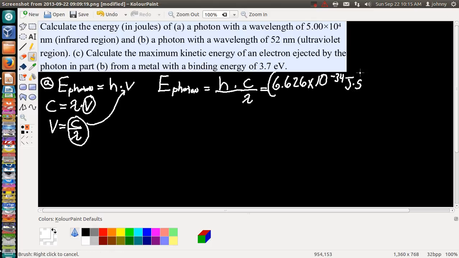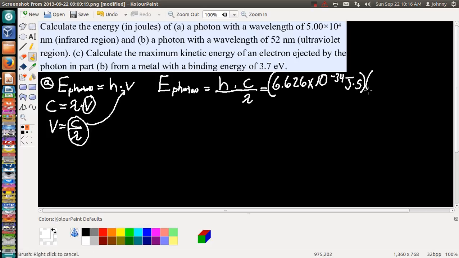Now in some books they have this as 6.63 times 10 to the negative 34 joules times a second, and that's okay. I'm not going to argue with that, but I've always used 6.626 times 10 to the negative 34 joules times a second, so I'm just going to keep using it.